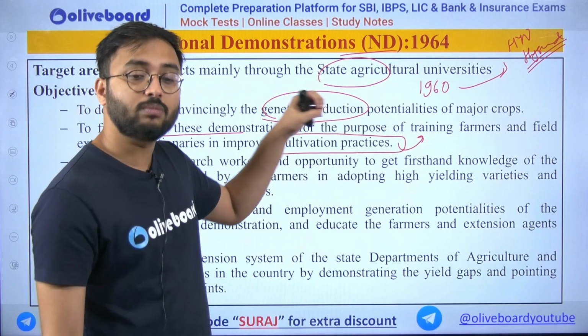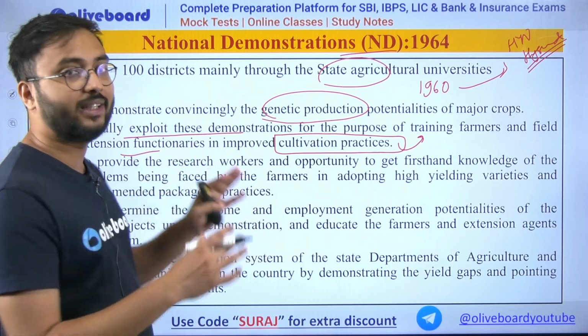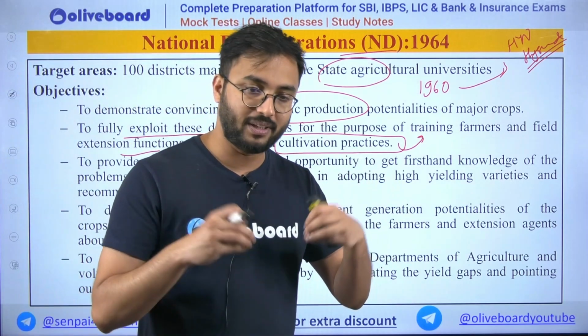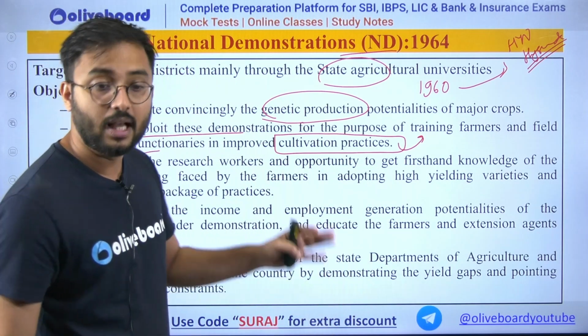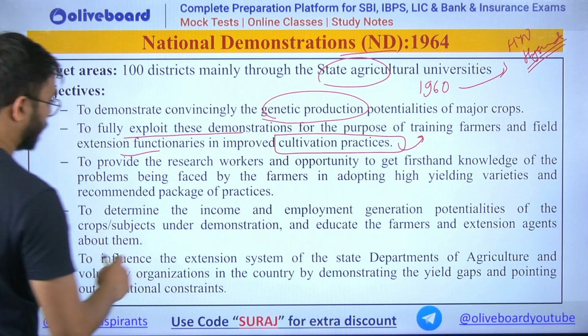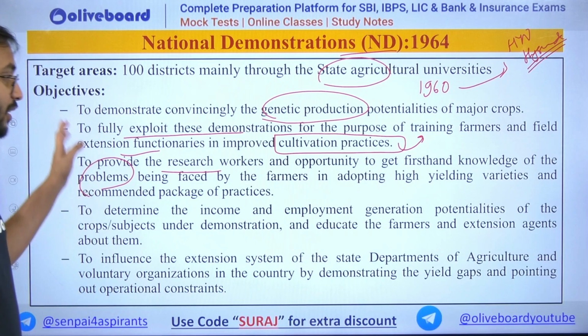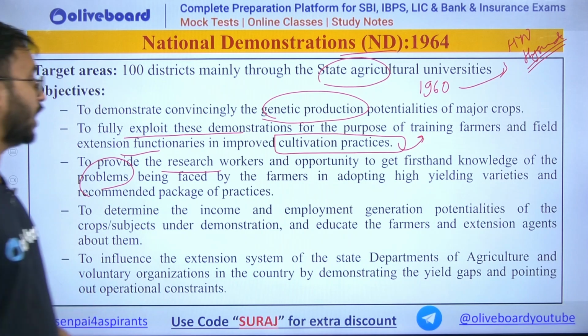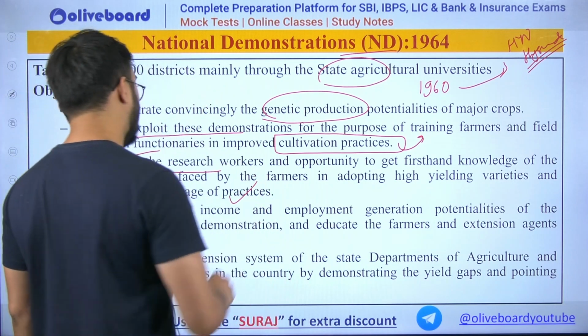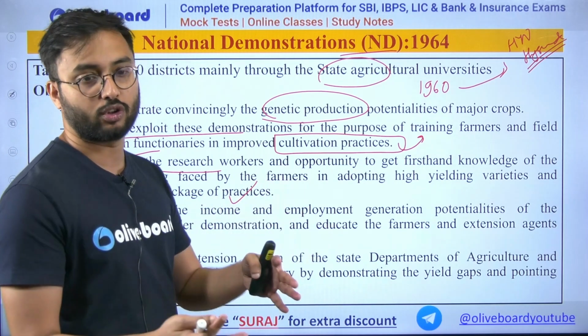Now when Norman Borlaug brought them, M.S. Swaminathan saw that this high yielding variety seed technology should be disseminated all around the country. Such national demonstrations were done. It was also to provide research workers an opportunity to get first-hand knowledge of the problems faced by farmers adopting high yielding varieties, and it recommended certain packages of practices and methodologies for agriculture.